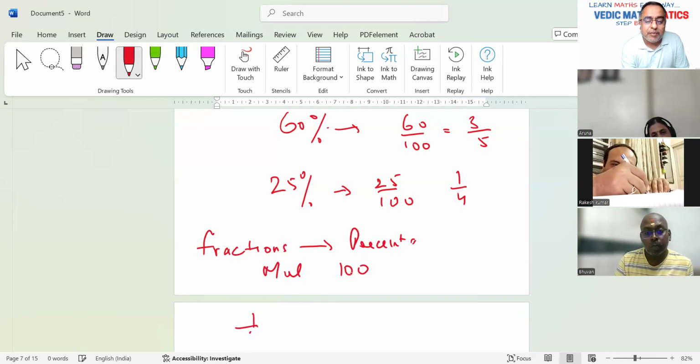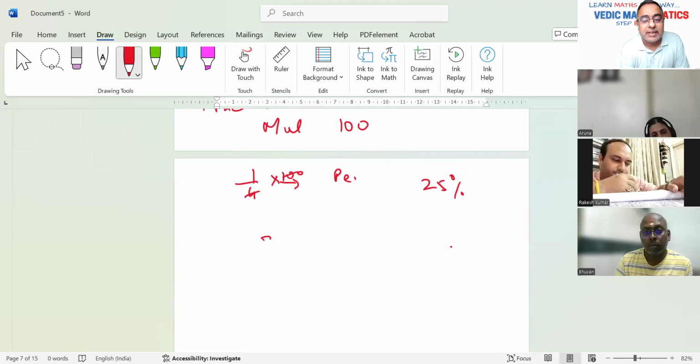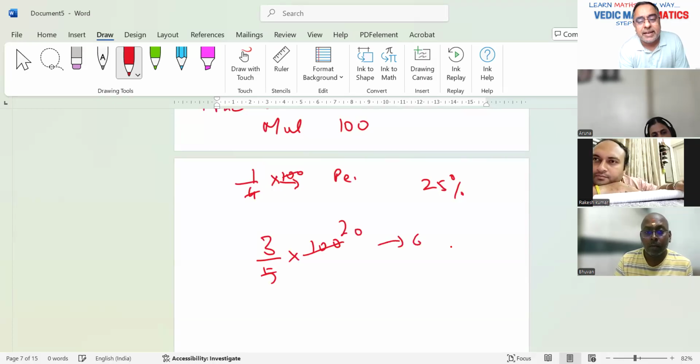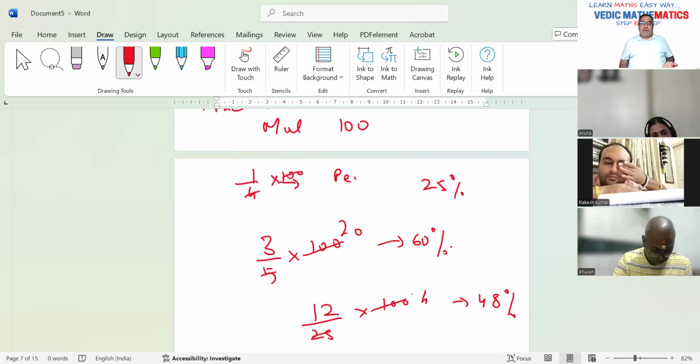If the fraction given is 1/4, convert to percentage, so multiply by 100, that is 25%, right? 3/5 into 100, so 60%, right? Or anything, 12/25, so 48%. Now it is clear how to convert fraction into percentage, or percentage into fraction. So they are opposite.